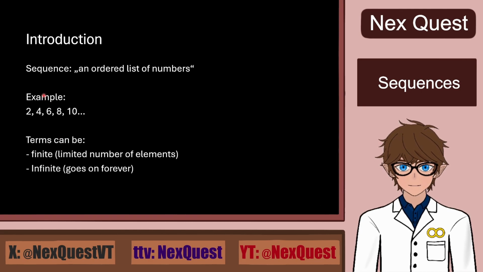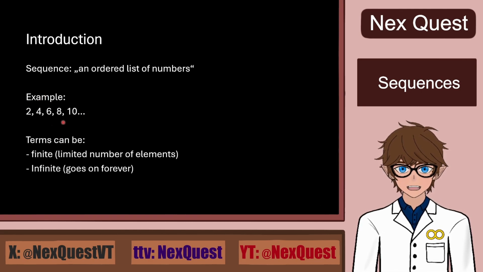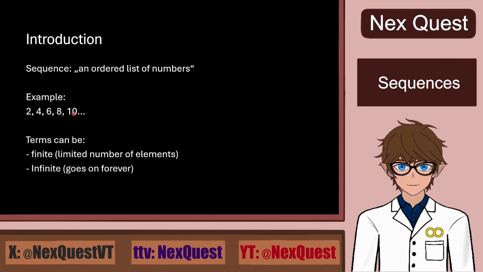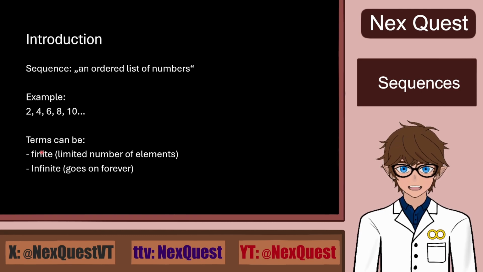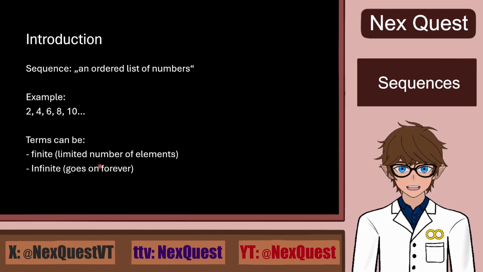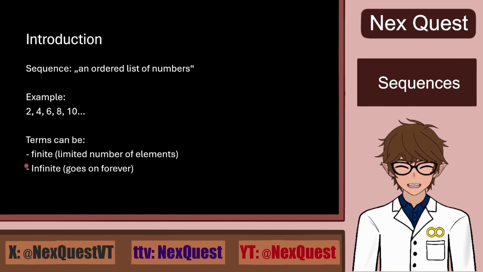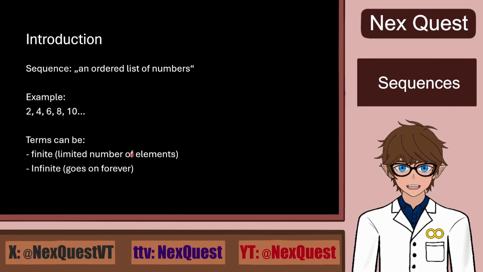More likely than not, we will be running into infinite sequences, because, well, they go forever, and it's easier to set a rule. So in my videos, we will be working with infinite sequences. Series are a part of the next video's topic, so let's keep that separated.